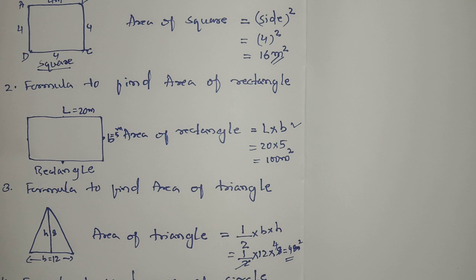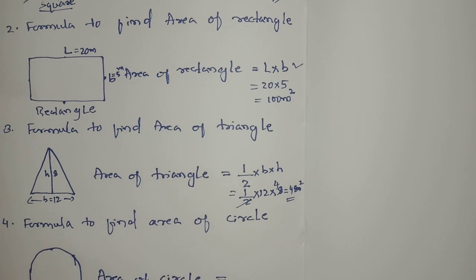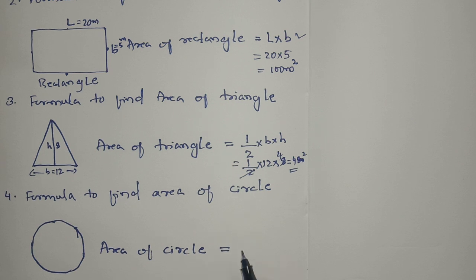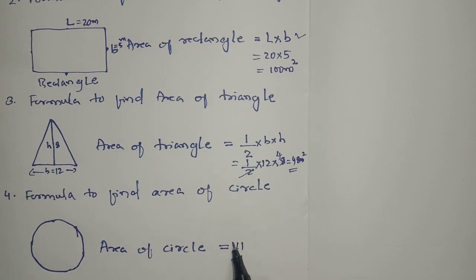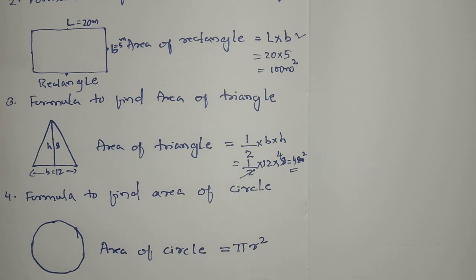Now student, next the formula to find the area of circle. To find the area of circle, the formula is pi r square, student. Suppose radius of the circle is given.